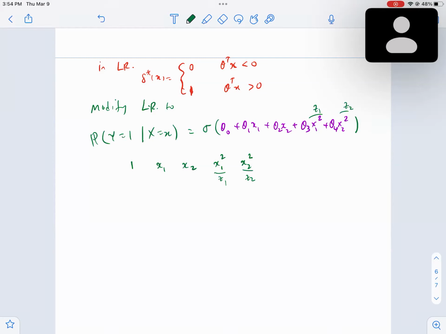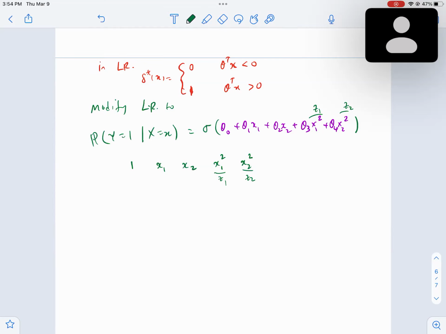If I call this z1 and z2, you can see that this is still a logistic regression model, but with these extra features that we created out of our original features. Assume the original features were x1, x2, z1, z2. Then a linear logistic regression would be fine. So we constructed more features out of our original features.